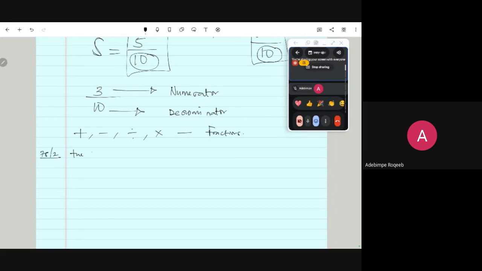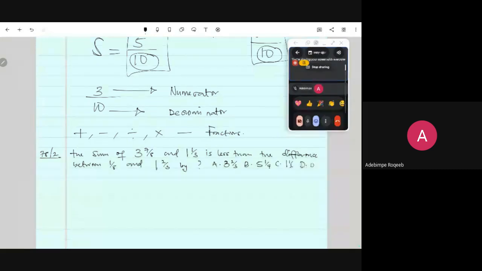The sum of 3 7 over 8 and 1 1 over 3 is less than the difference between 1 over 8 and 1 whole 2 over 3 by A 3 whole 2 over 3, B 5 whole 1 over 4, C 1 whole 1 over 2, D 0. This is a question from the fraction topic.